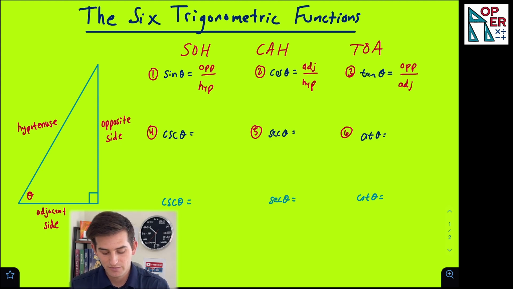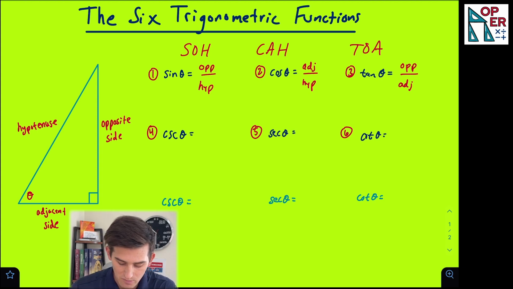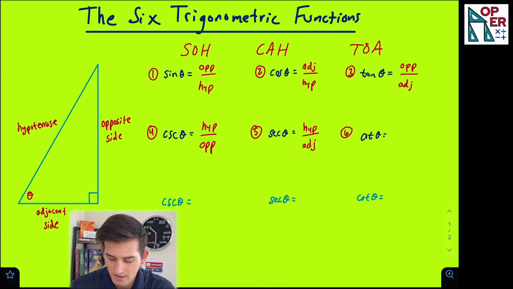Now we do have these other 3 functions here at the bottom: cosecant, secant, and cotangent, and we mentioned that they are inverses. Well, all we need to do is switch the ratio. So if sine is opposite over hypotenuse, cosecant would be hypotenuse over opposite. If cosine is adjacent over hypotenuse, then secant would be hypotenuse over adjacent. And lastly, if tangent is opposite over adjacent, then cotangent would be adjacent over opposite.